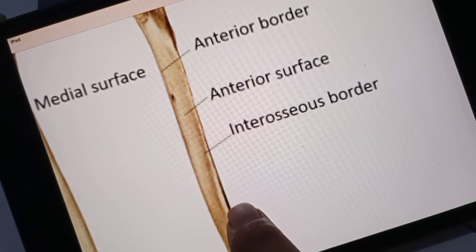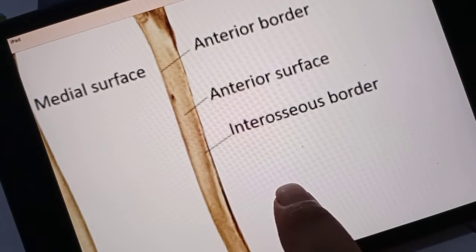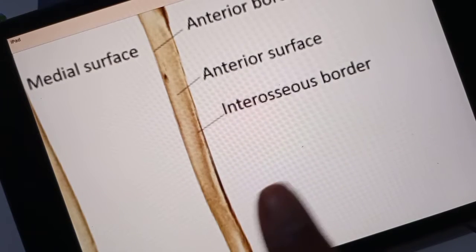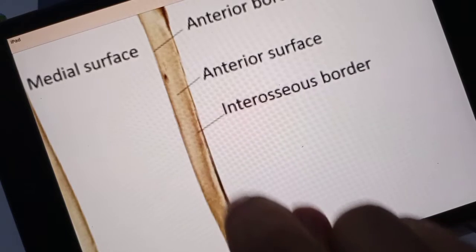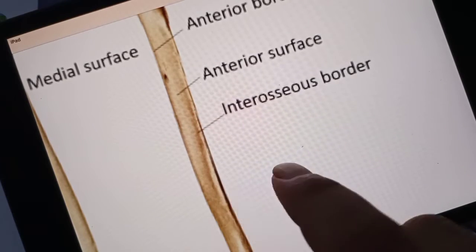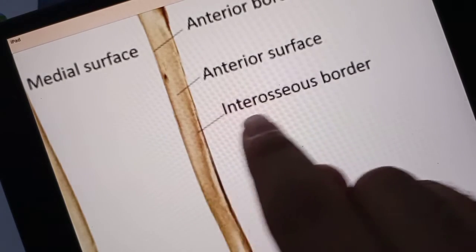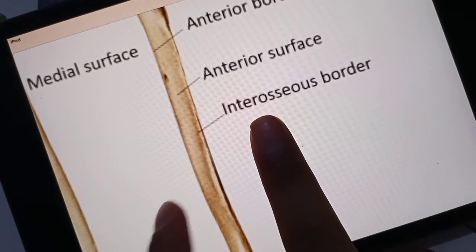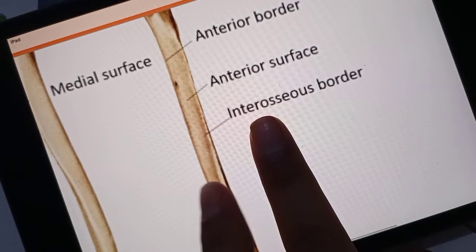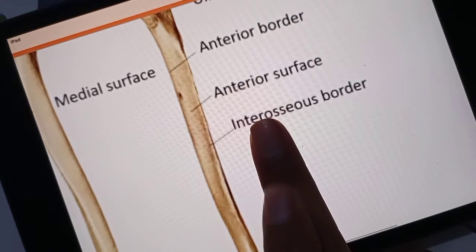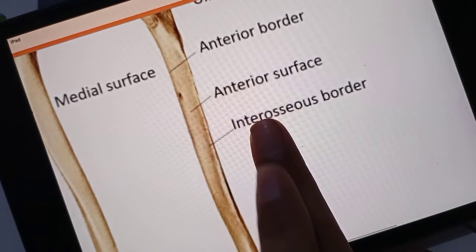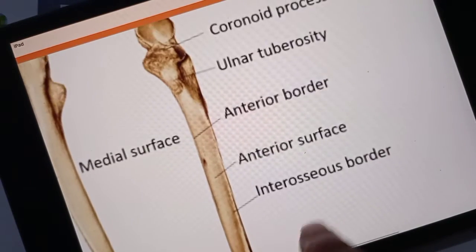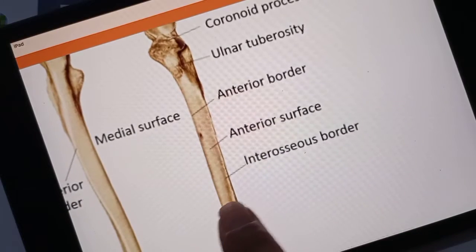The sharpest border is the interosseous border, and it is located toward the radius because the interosseous membrane or interosseous ligament is attached to the interosseous border, and this membrane holds the radius and ulna together. So in this case, the radius should be on this side, toward the interosseous side. From this we can conclude that this is the left ulna.